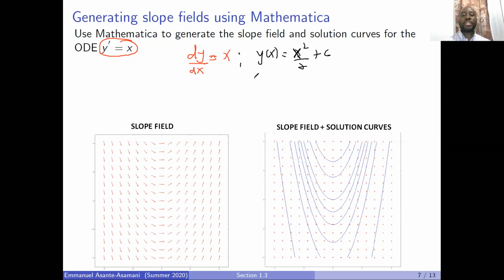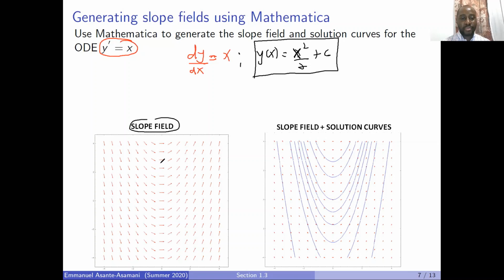right? So we have some scaled parabola that is shifted up or down by a constant c. Now, if I use Mathematica to plot the slope field, you can already begin to see from the slope field that you are having some kind of parabolas. Because if you look at the direction of all of these tangent lines, they seem to be tracing out parabolas.